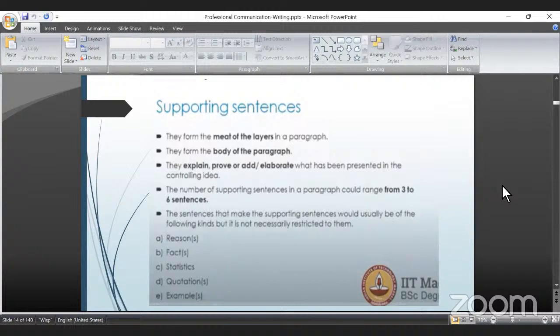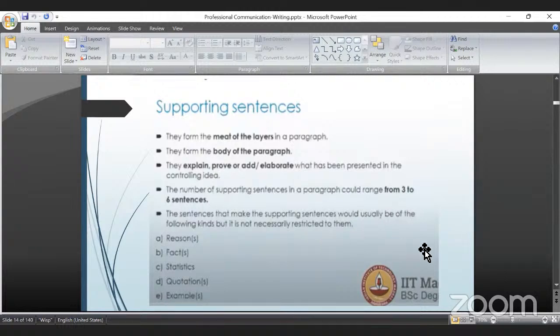If you look at annual reports or any sort of reports, usually we'll have all of these: statistics, quotes, etc. All of them are treated as supporting sentences because they all help in proving, explaining, elaborating, or adding to the claim made by the topic sentence. So supporting sentences could be reasons, facts, statistics, quotations, and they could be examples as well.